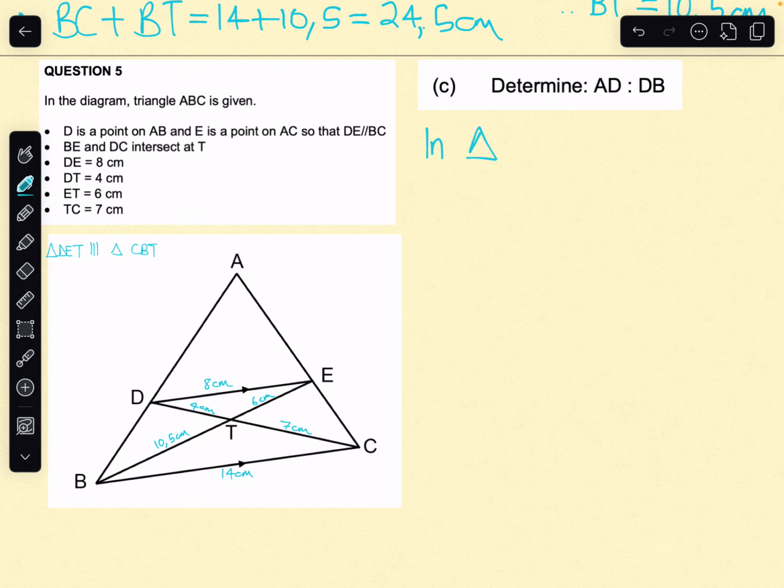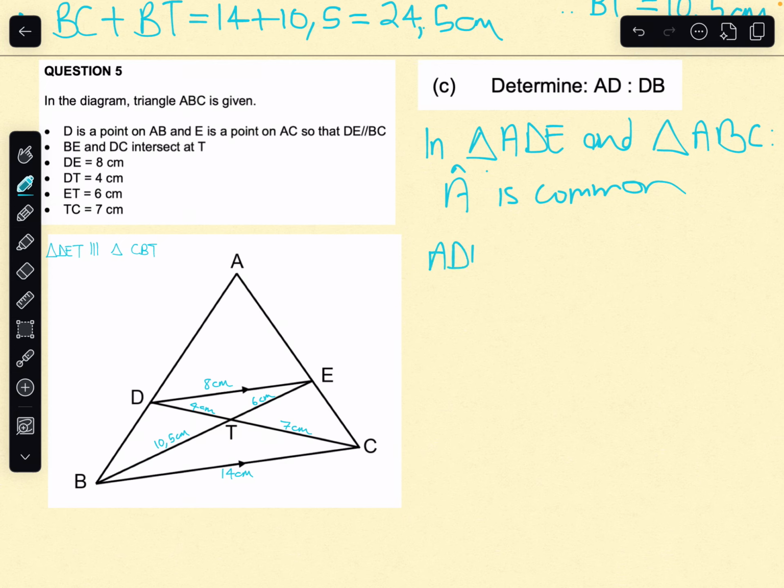So in triangle ADE and triangle ABC, A is common to both triangles, and then this angle ADE is equal to that angle, which is ABC, because corresponding angles on the parallel lines that we were given.